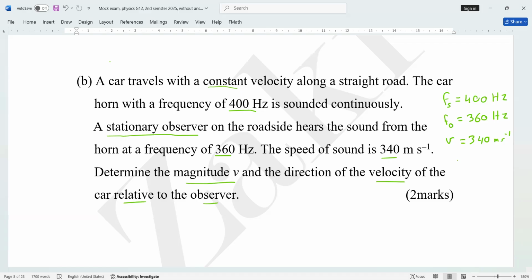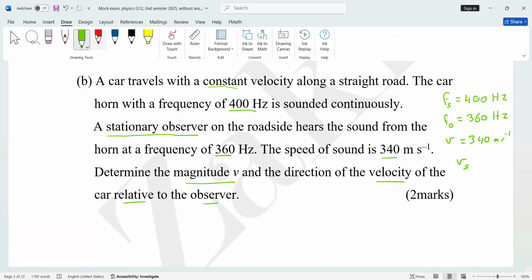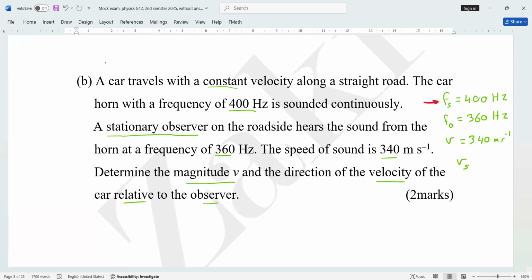Now we need Vs. Direction means the car is moving away or moving towards the observer. We note that from the given, the frequency detected by observer is less than the frequency of the source.